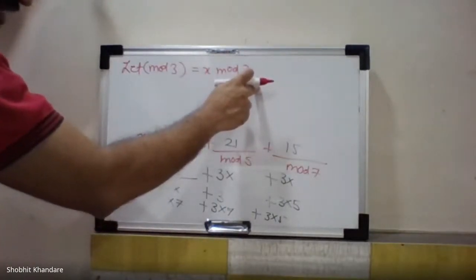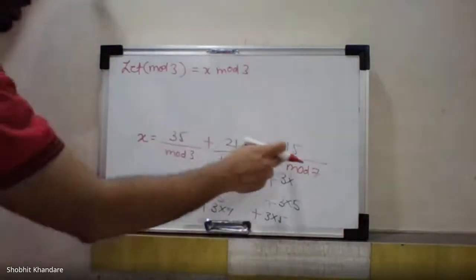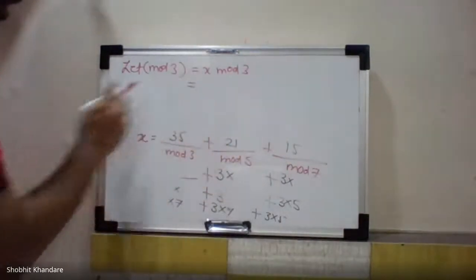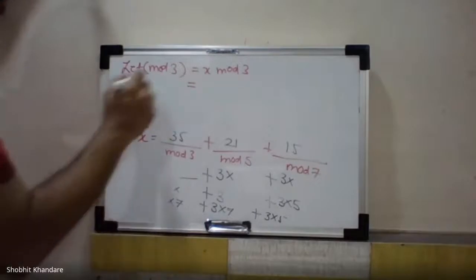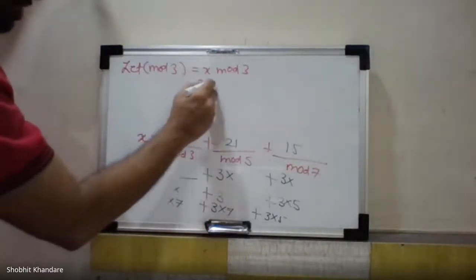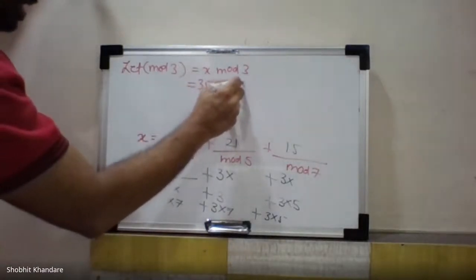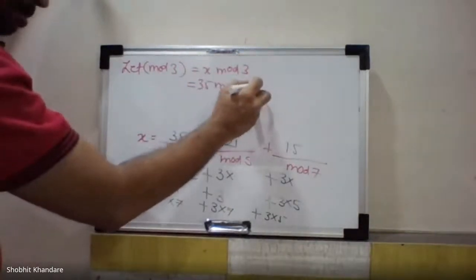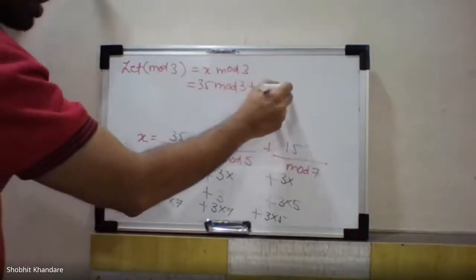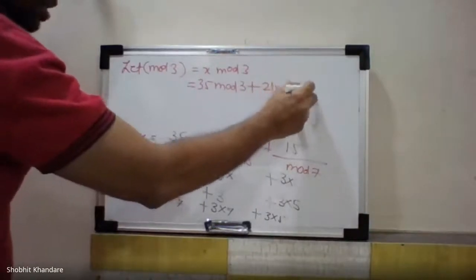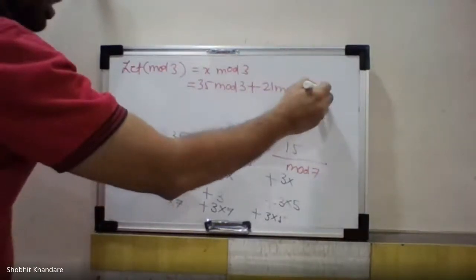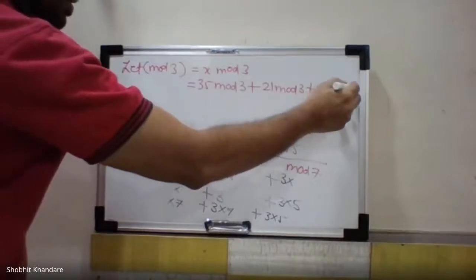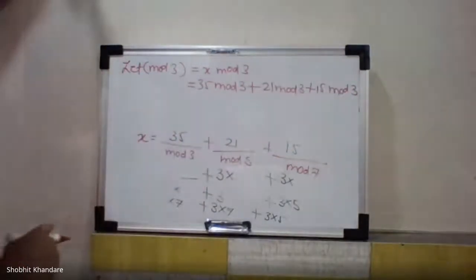And you have got x is equals to 35 plus 21 plus 15. If I do that, then it becomes 35 mod of 3 plus 21 mod of 3 plus 15 mod of 3. See carefully, मैं क्या कर रहा हूँ?